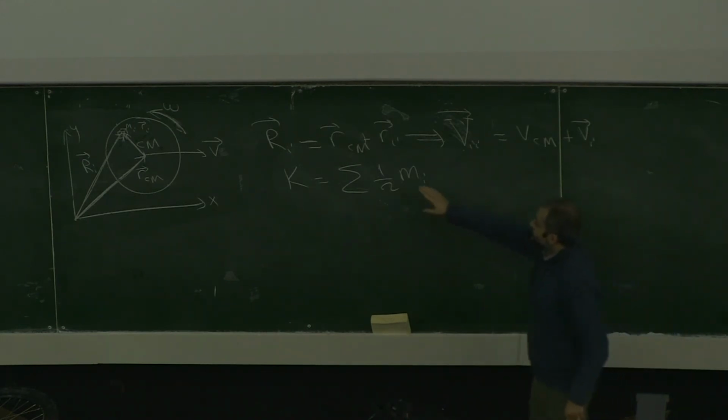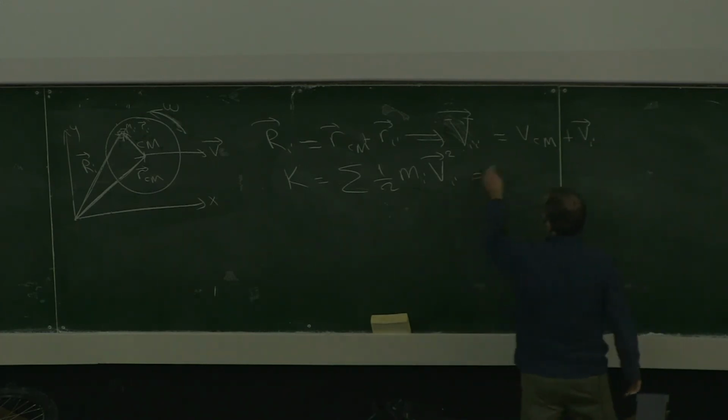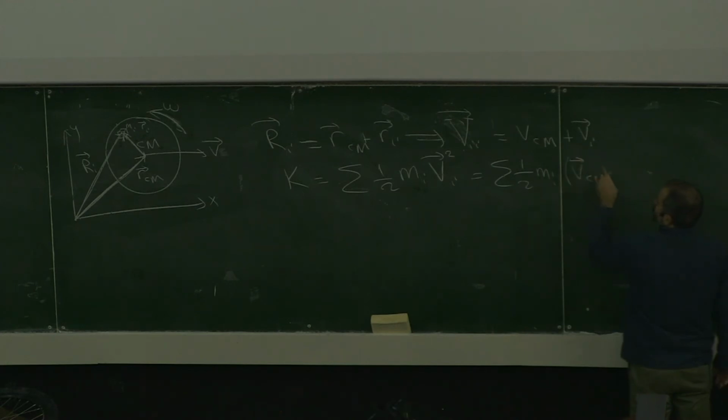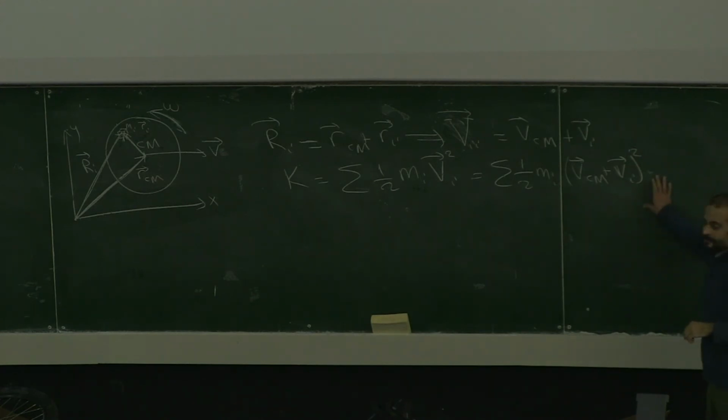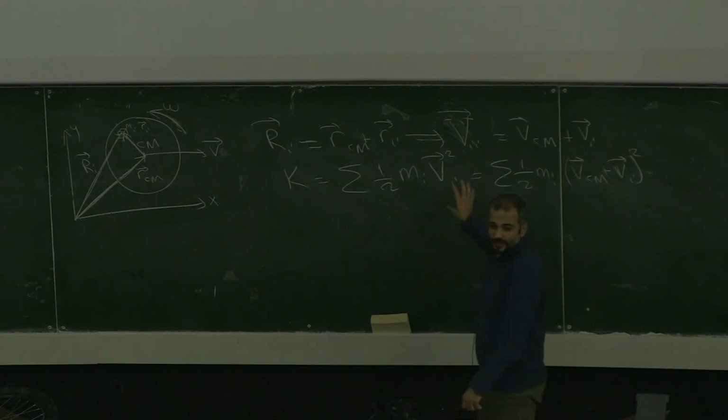Okay, 1/2 mi vi squared. This is the sum of the kinetic energies of each individual part. This is equal to 1/2 mi times v center of mass plus the velocity relative to the center of mass, everything squared. I'm just putting this in the definition of the total kinetic energy of the system.